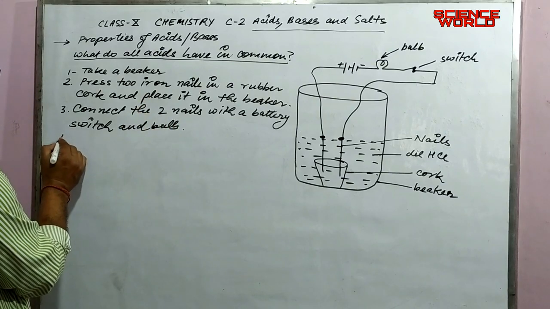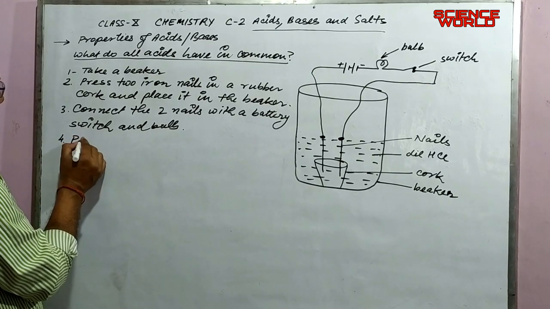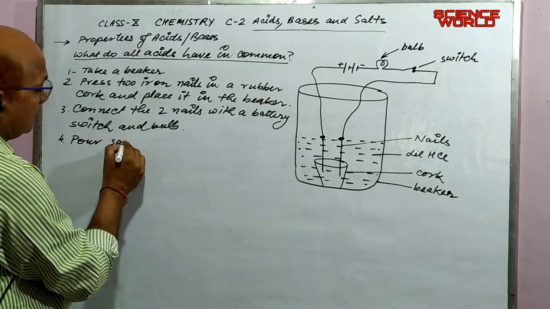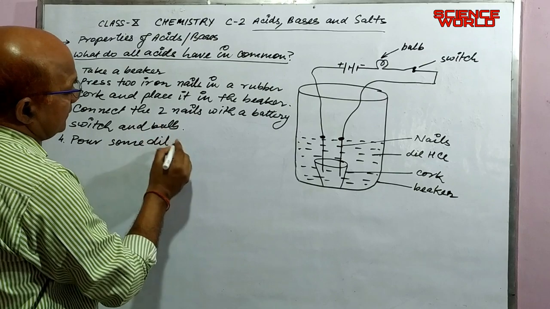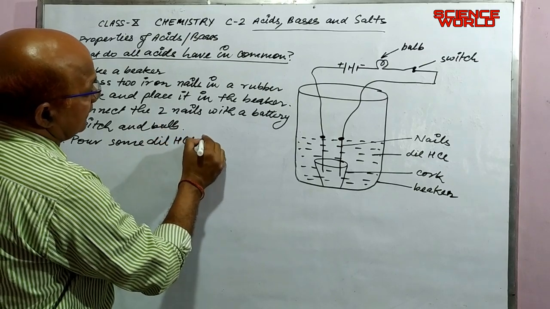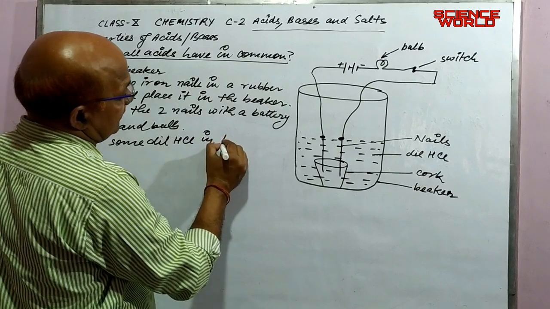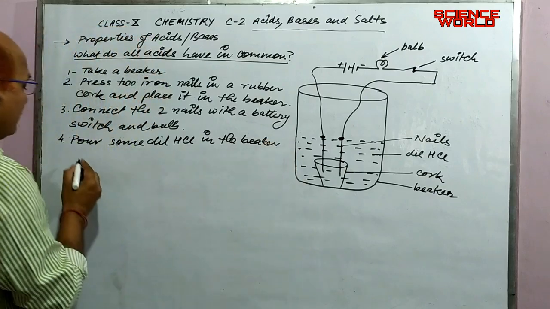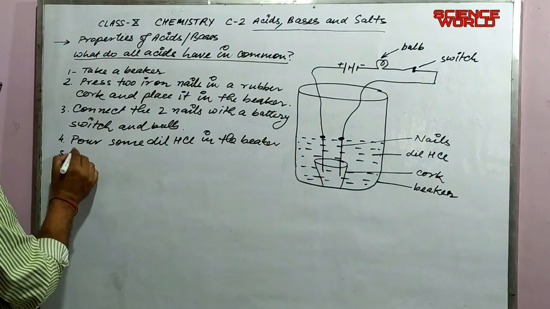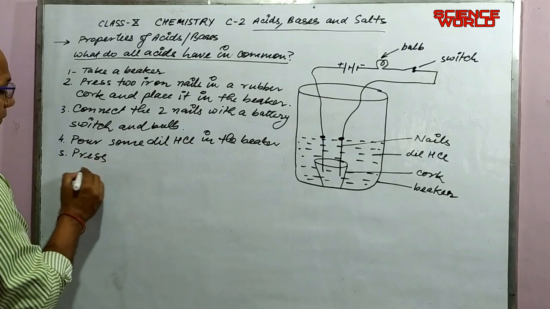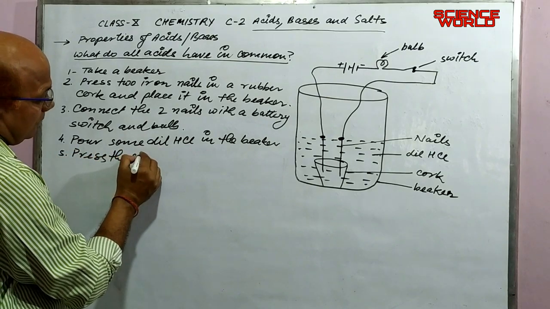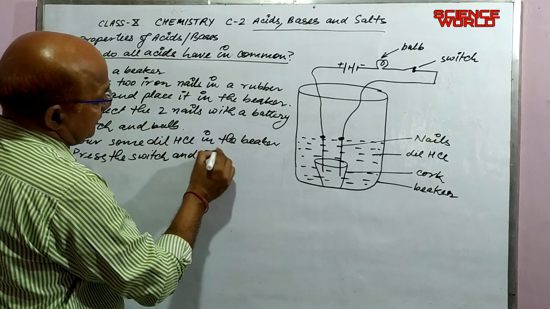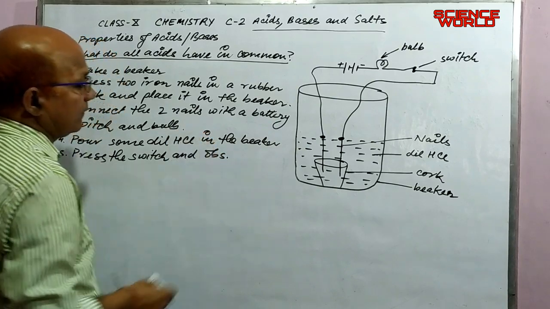And then pour, means transfer, some dilute hydrochloric acid in the beaker and then press the switch and observe. Okay.